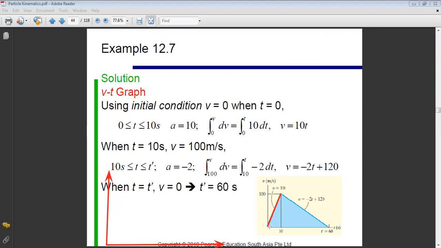Because v initially is 0, my initial slope, my graph will start with a slope of 0. Then as I move from 0 to 10 seconds, my slope is increasing.